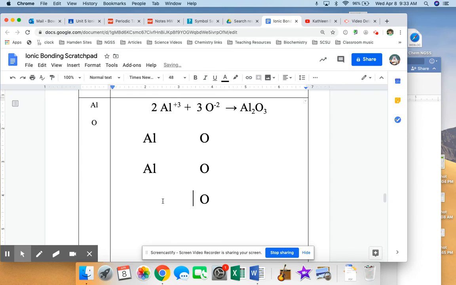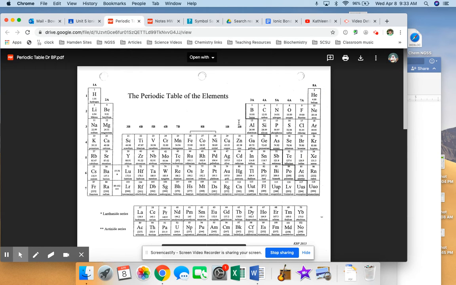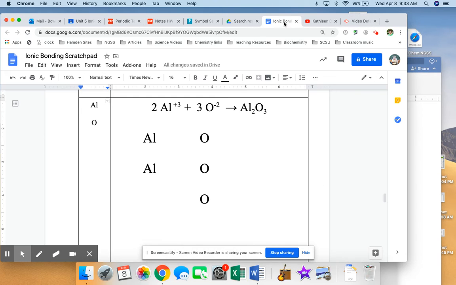Now let's draw on our valence electrons. Oxygen, Al here, Al needs 3 valence electrons. So let's draw on our 3. We've got 1, 2, 3. 1, 2, 3 valence electrons. Okay.